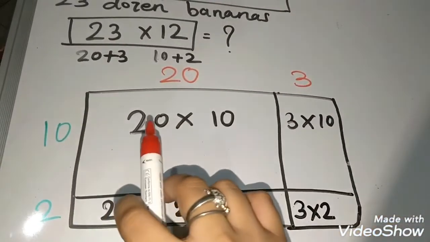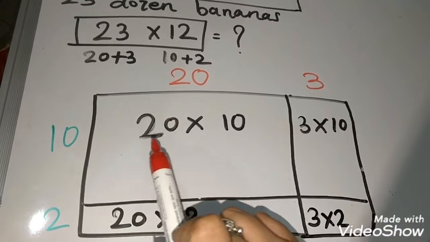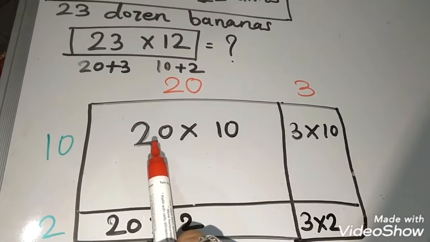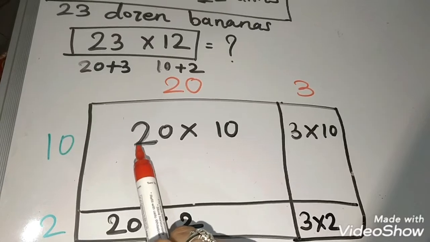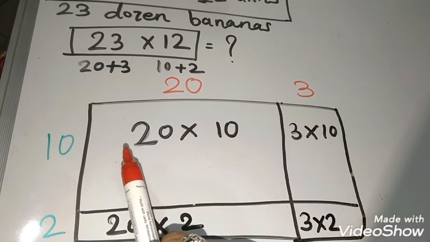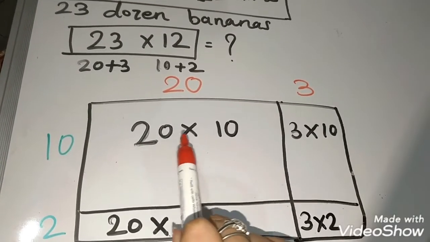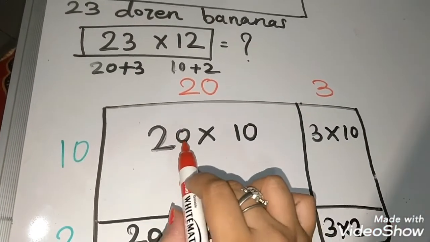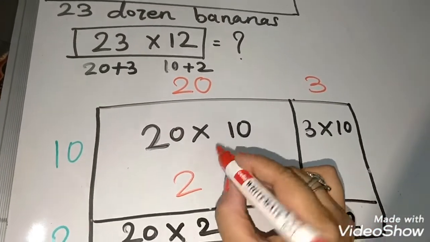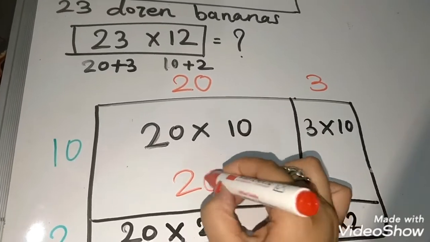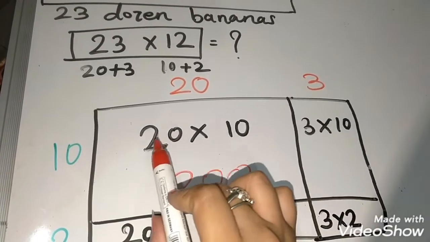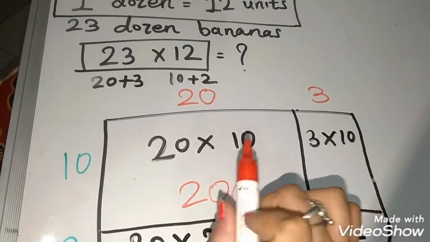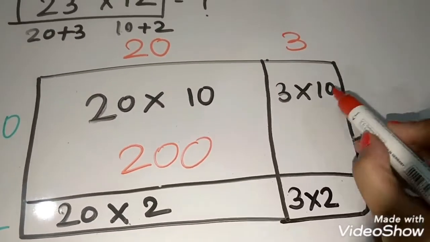So here I will count 20 times 10. As we know, if we have 0 at one place, we can multiply the numbers which are at tens place. 2 ones are 2 and we can add both the zeros. We have to add the 0 of 2 also and the 0 of 1 also. Then 3 times 10.